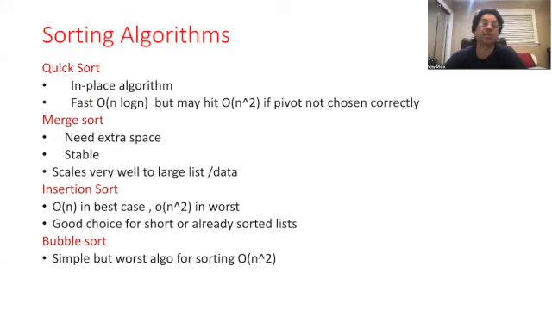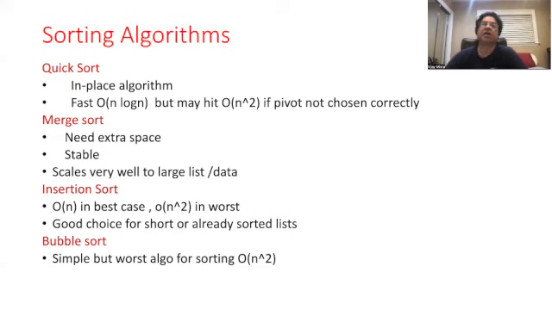It's an in-place algorithm. You don't need any extra space, and it is fast. Complexity is order of n log n in the average case, but it may hit order of n square if the pivot is not chosen very efficiently or correctly.